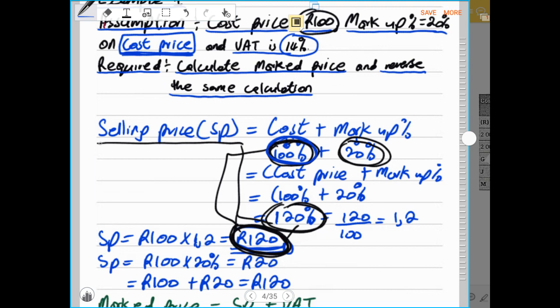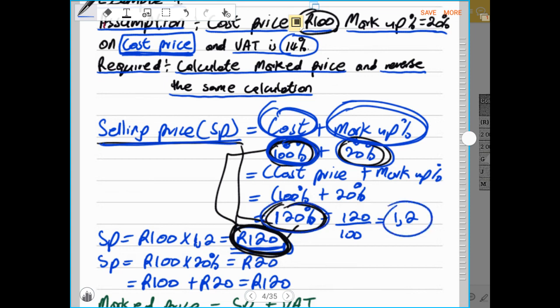That means the selling price is equal to cost price plus markup percentage. And we said cost price being 100% plus 20%, that will give us 120%. And that will be 1.2 as a decimal. Therefore, now we can say cost price times by 1.2, that will give us the selling price.